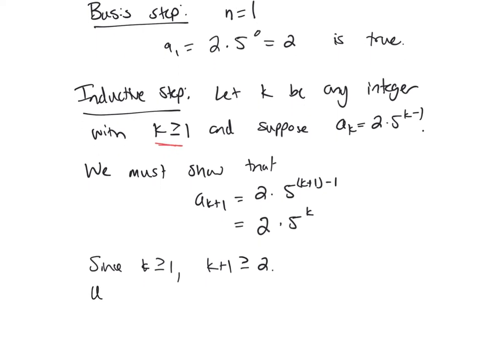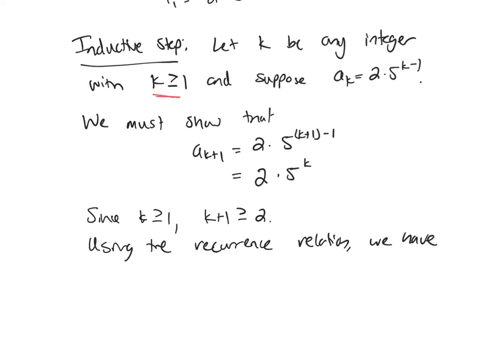Using the recurrence relation, we have AK plus 1 is 5 times the previous term, which would be AK.